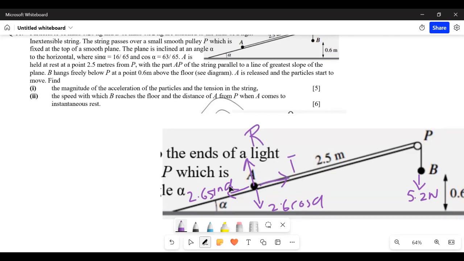Let me substitute the values for cos A and sine A as given in the question. So also there's a T in this direction. 2.6 cos A means 2.6 times 63 over 65, and 2.6 sine A is 2.6 times 16 over 65.